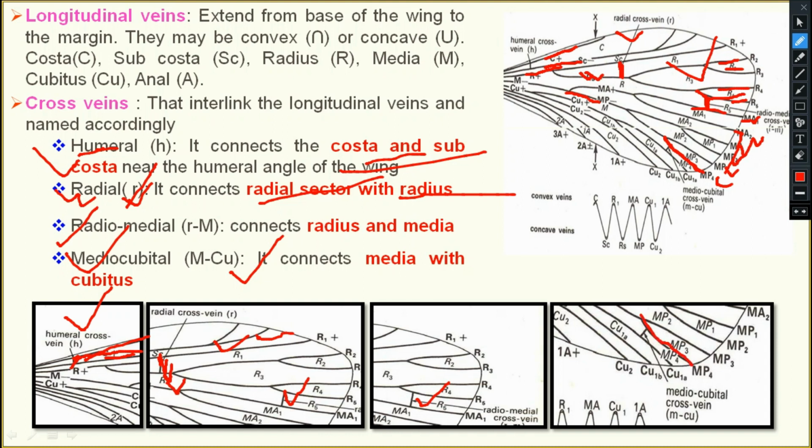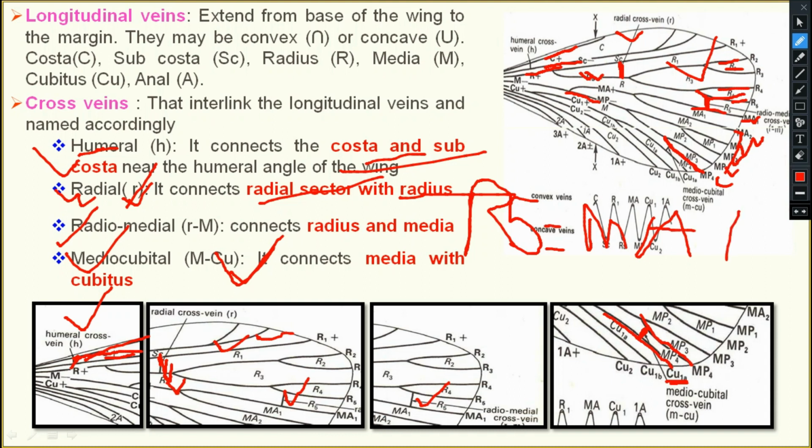What is the first branch of cubitus? You see cubitus first branch is CU1A. In between these two there is a cross vein. That is known as your mediocubital cross vein. If you try to write it more properly, how to write? Radiomedial means that is in between R5 and MA1.